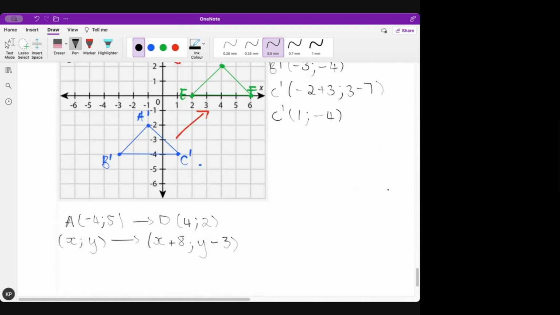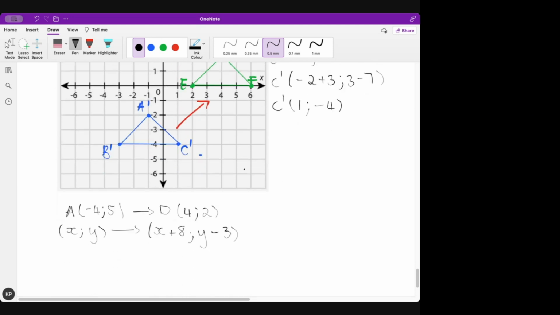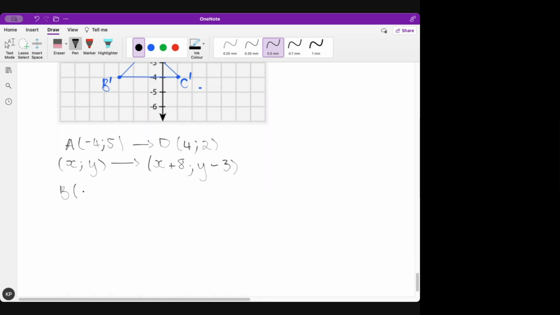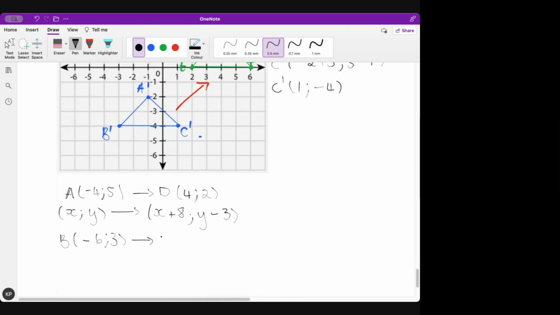Just to be safe, I'm going to do B as well. You're actually supposed to do all of them. I'm not supposed to be doing shortcuts. B is -6, 3, and E is 2, 0.